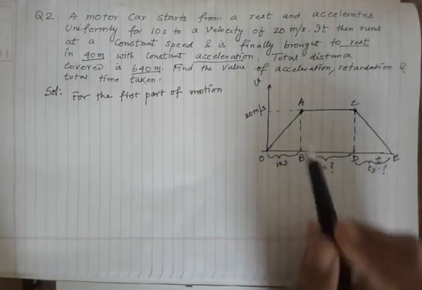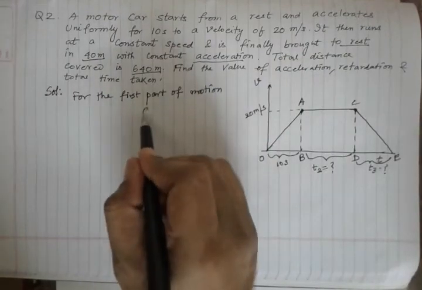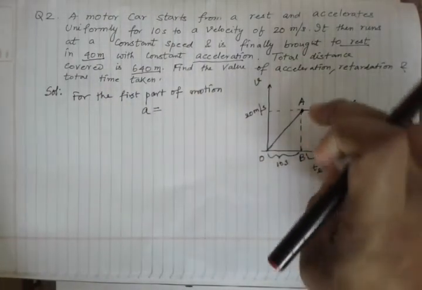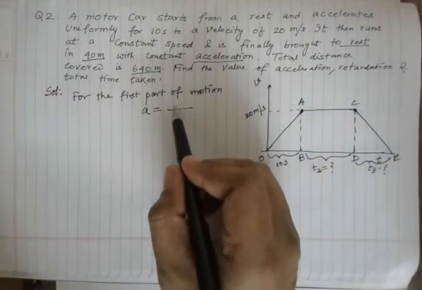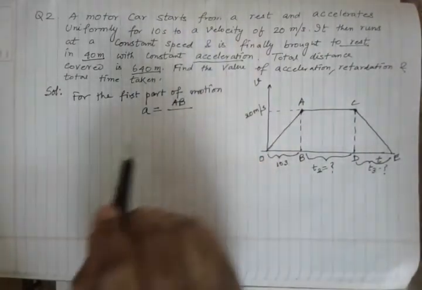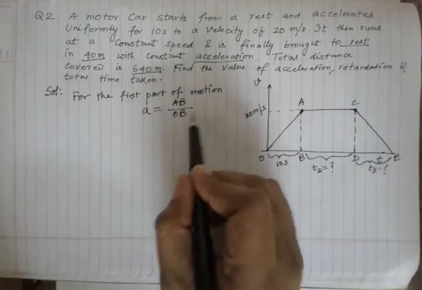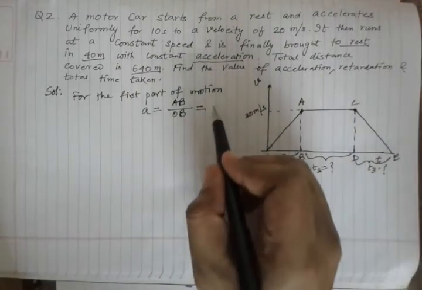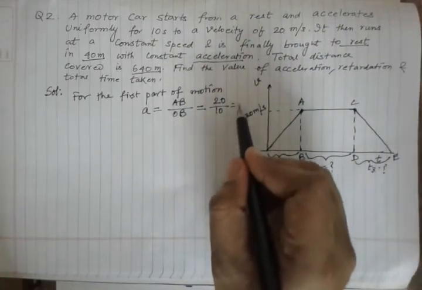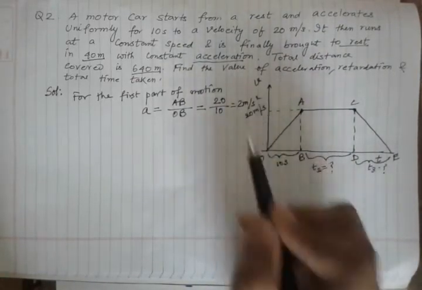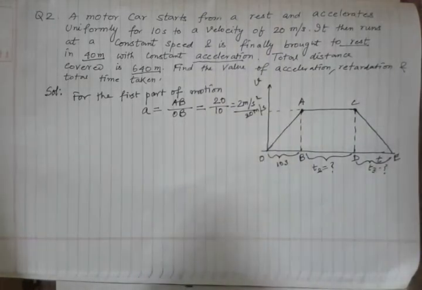So slope of this graph. So acceleration, you can write a is equal to slope of this. How to find the slope? AB by OB. So AB by OB. What is AB? AB is 20. What is OB? It is 10. So you'll get 2 meter per second square. That is acceleration. Okay.